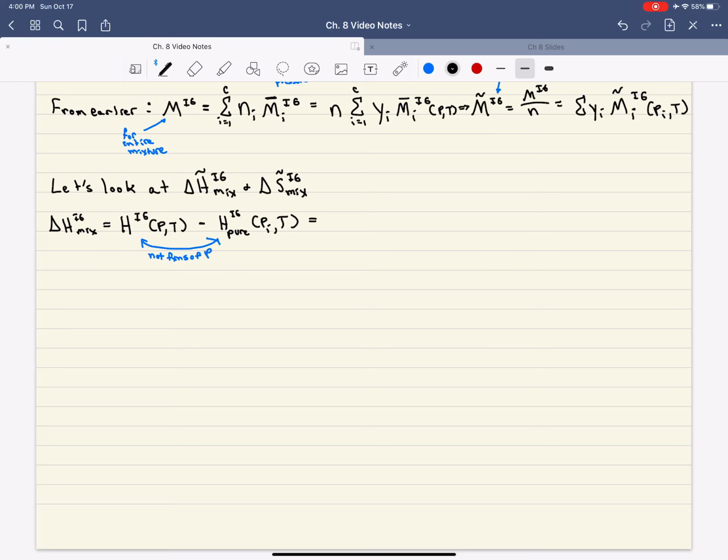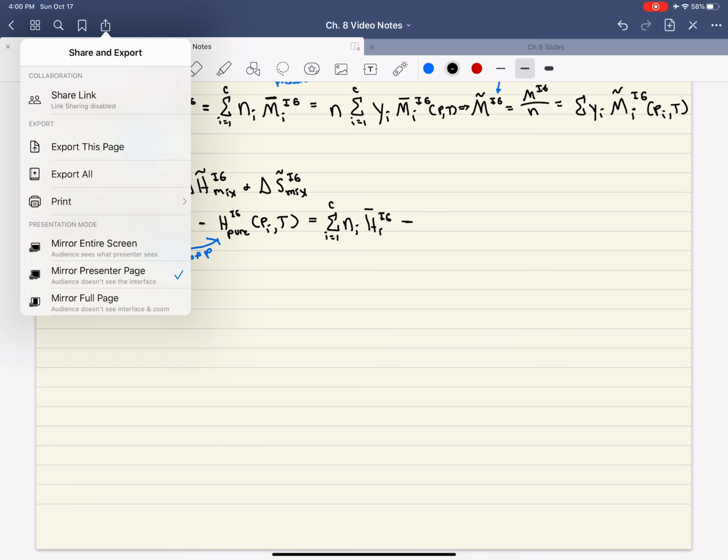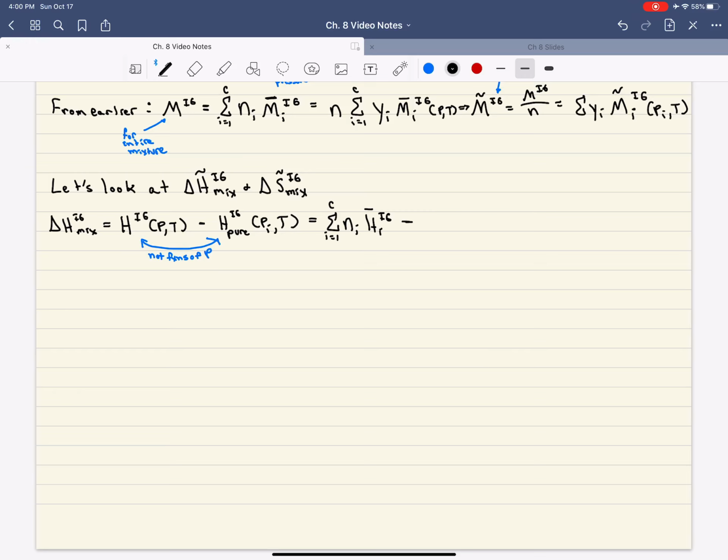So for H Ig, for the total mixture, we know it's a summation of Ni Hi bar Ig. And then for the pure species, essentially we apply what we would expect for an ideal solution.